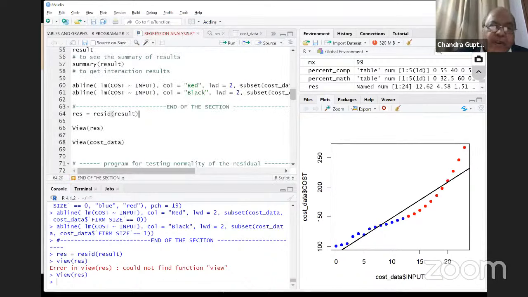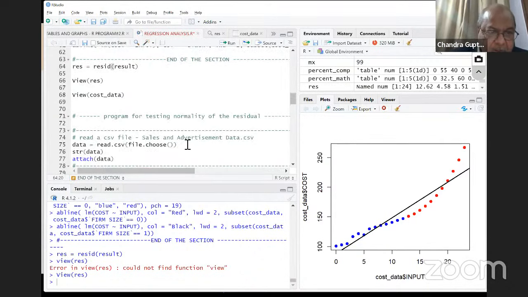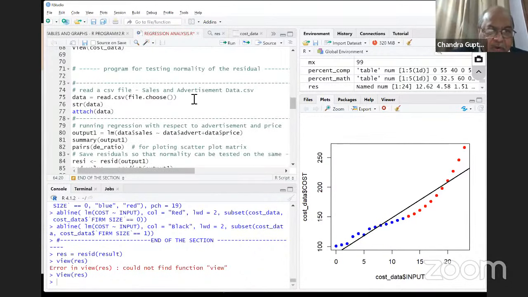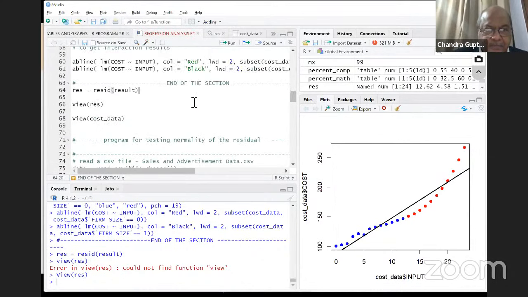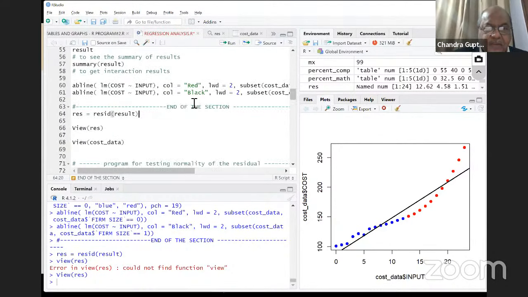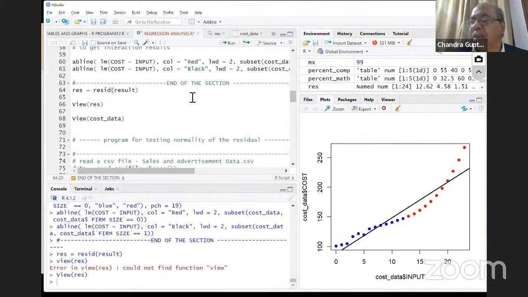Kavita, the command for residual is resid. Okay, so then you can test for, okay. So I think simple regression is quite clear, no problem in it.